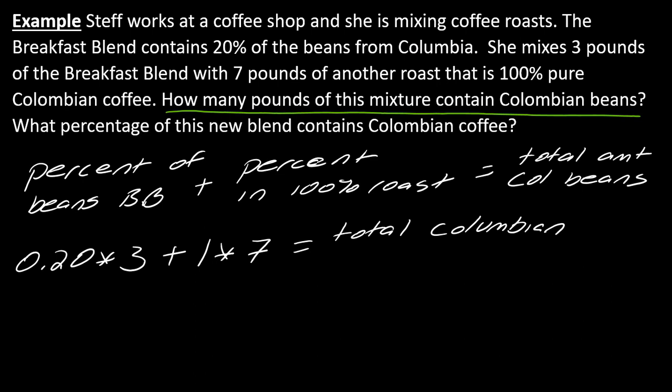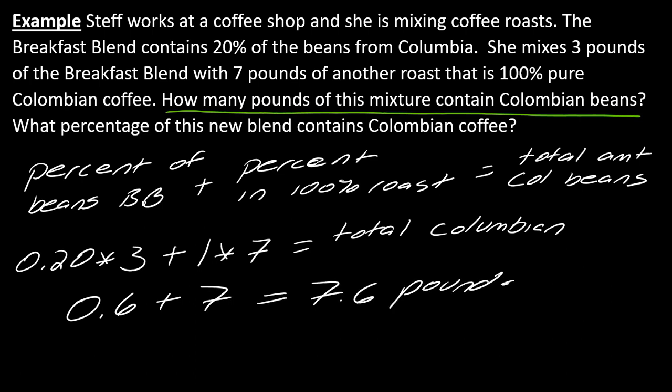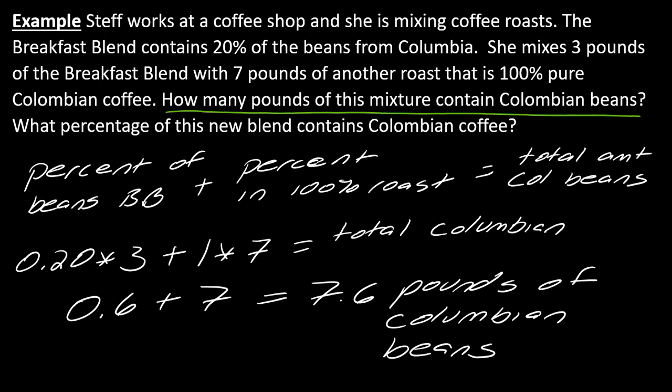So if I set this up, I'm going to have 0.6 plus 7, and that comes out to 7.6. So this will be 7.6 pounds of Colombian beans. So in these two roasts that we're combining, I will end up with 7.6 pounds of the Colombian beans.